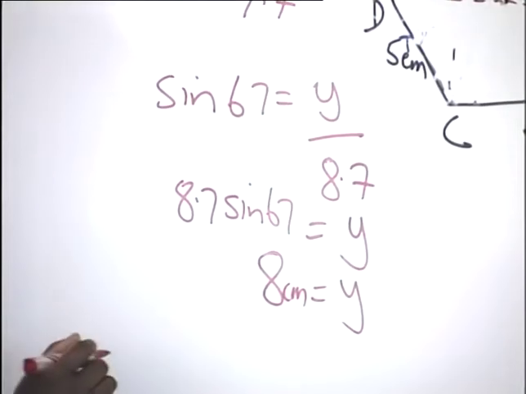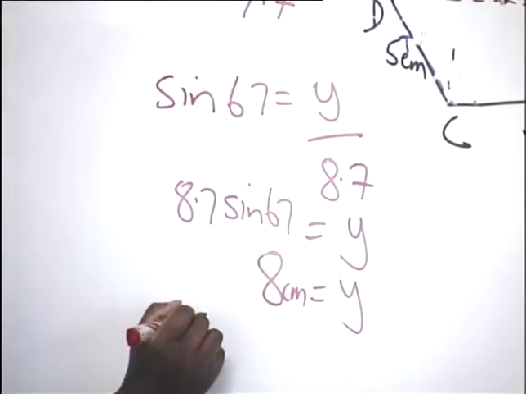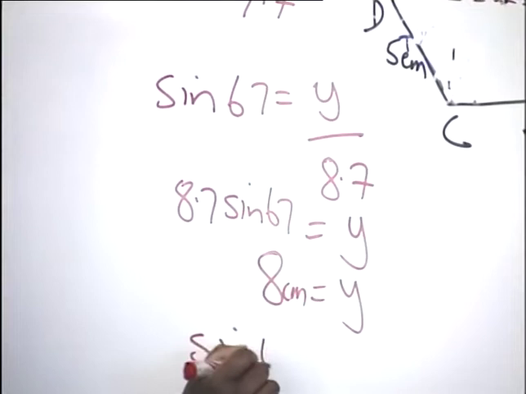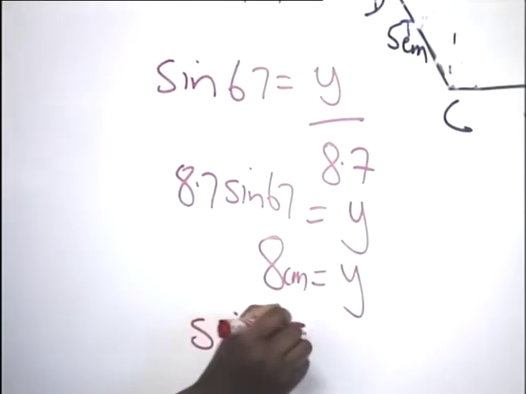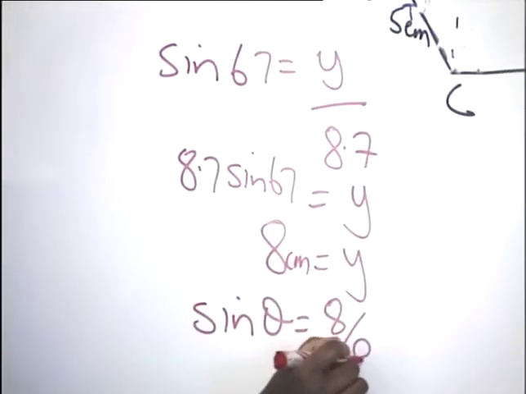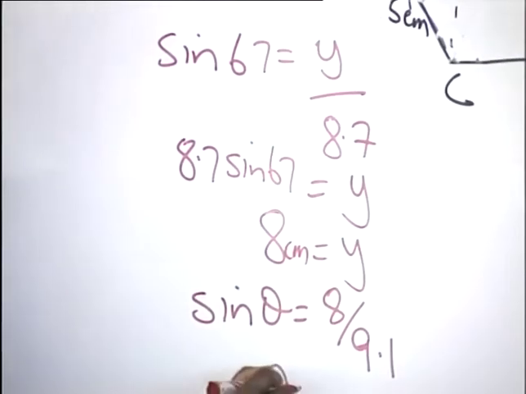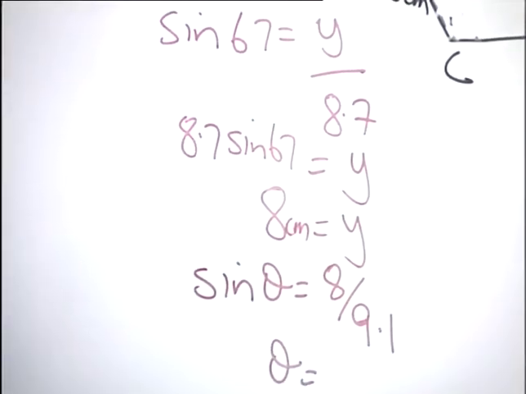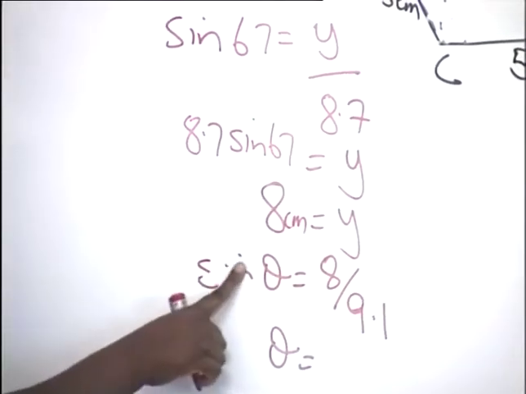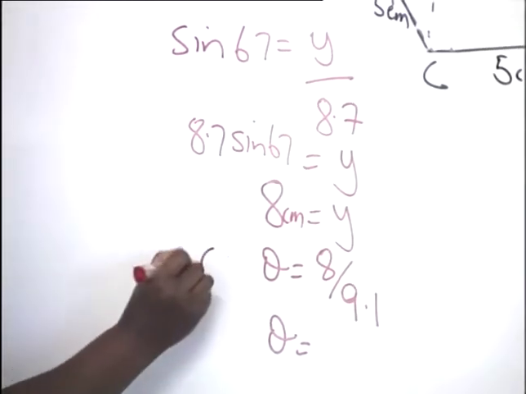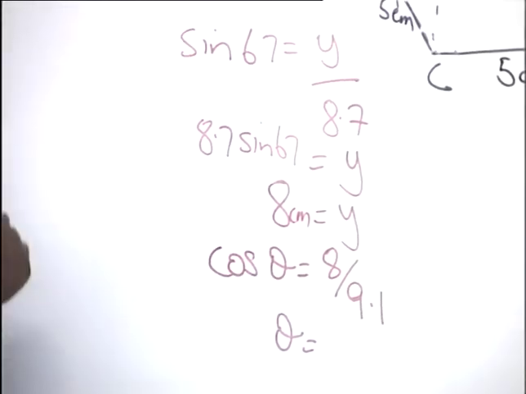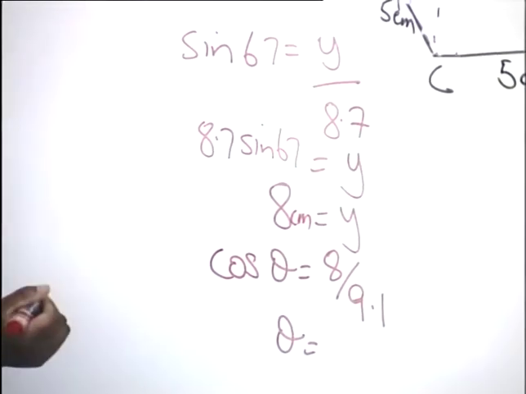Doesn't look correct to me. Sine theta is equal to 8 over 9.1. No, cos. Cos of theta is equal to adjacent over hypotenuse. Okay.